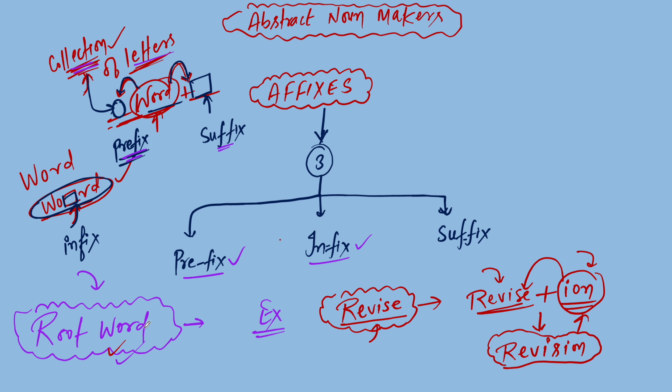Okay, now come to the next slide. Now I'm going to give some more examples, and you try yourself to make the abstract noun, just by putting affixes like prefix, infix, and suffix. So the first example is impossible. Impossible.